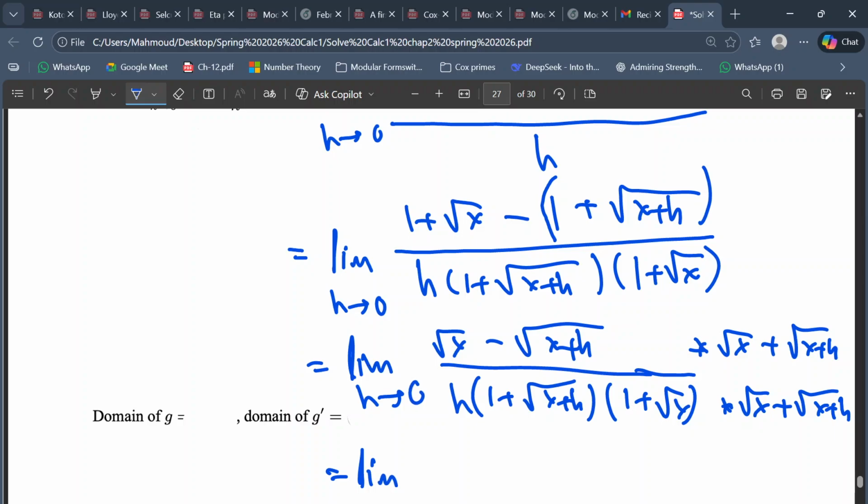I will make another mistake in a moment to see whether you will notice it or not, okay? We will get what? X minus x plus h.